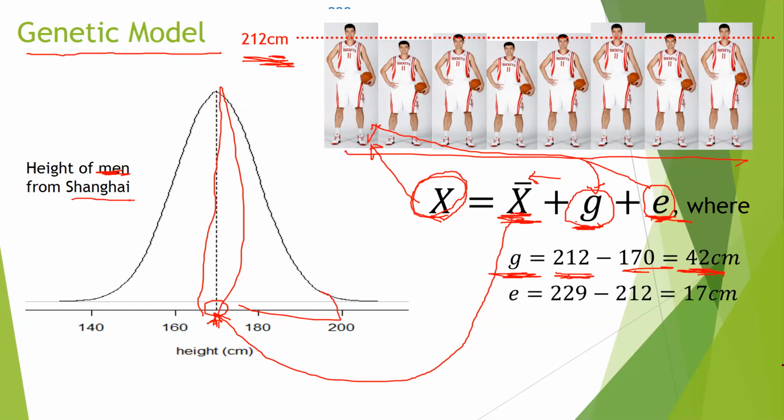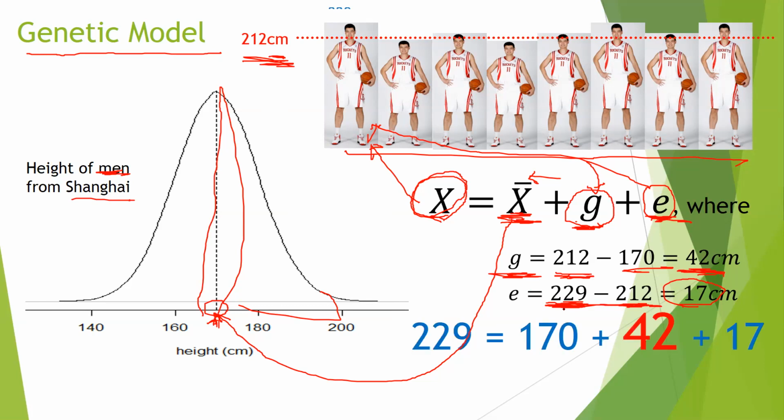All right. Now, if you look at the individual, Yao Ming's height is like this, but his family average is like this. So he is really lucky. So he got 17 centimeter extra due to the special environment. All right. So using this, we can easily dissect what is the contribution from the gene.